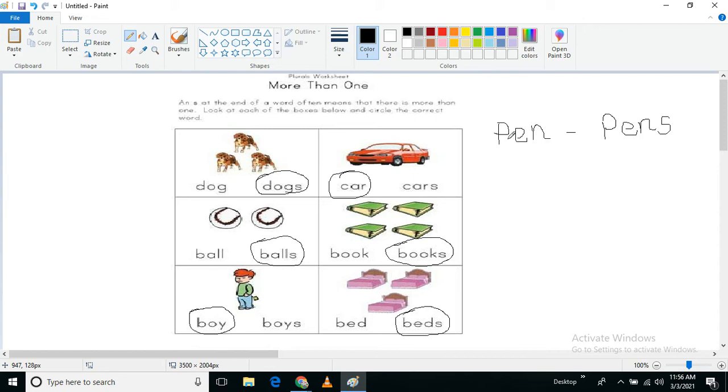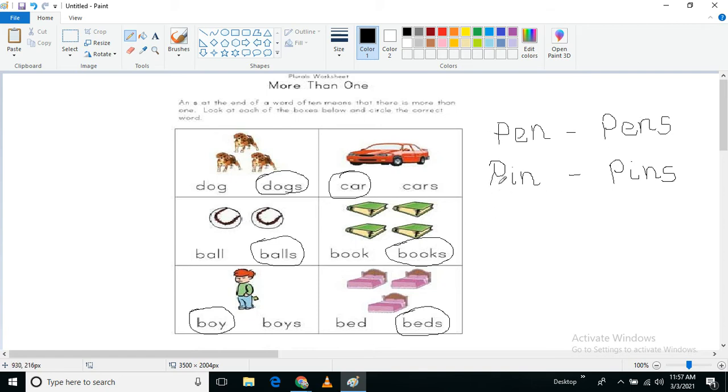Okay, pen, pens. Next, pin and pins. One pin, many pins. One pen, many pens. Right?